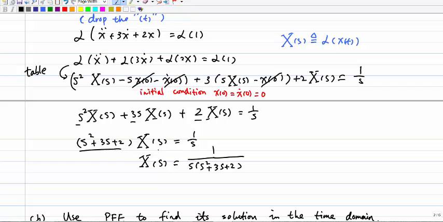We put them together times X(s), which is equal to 1 over s. We put this to the right hand side, so it becomes divided by this part. So X(s) is 1 over s times s squared plus 3s plus 2. This is the solution in the S domain.